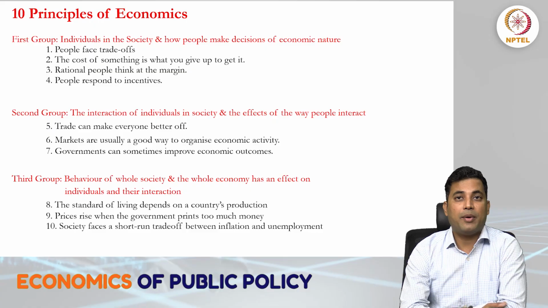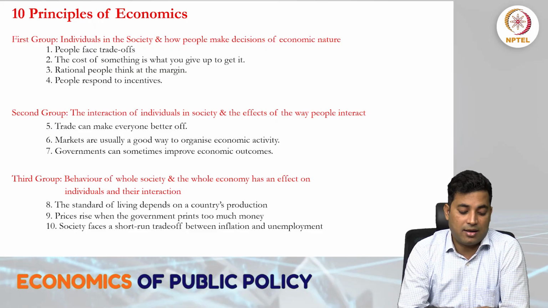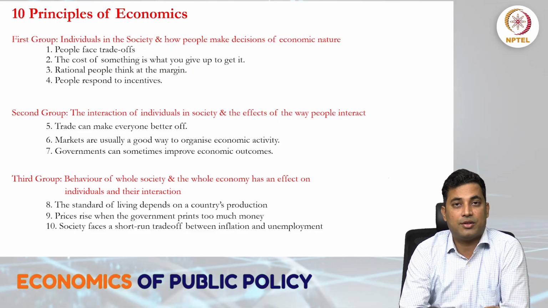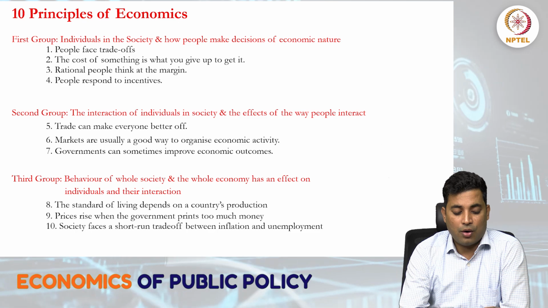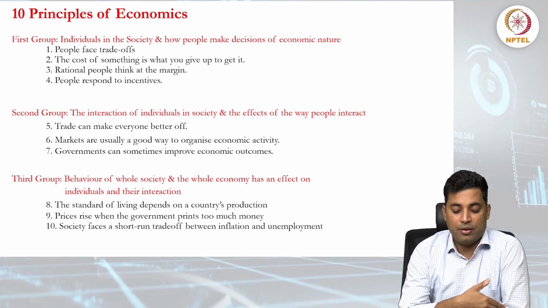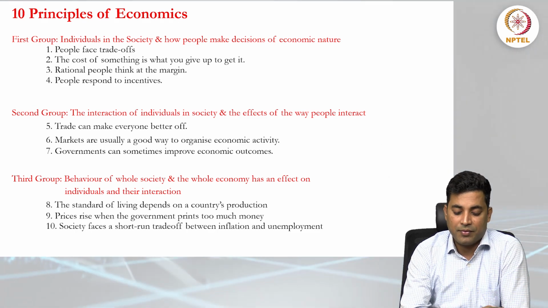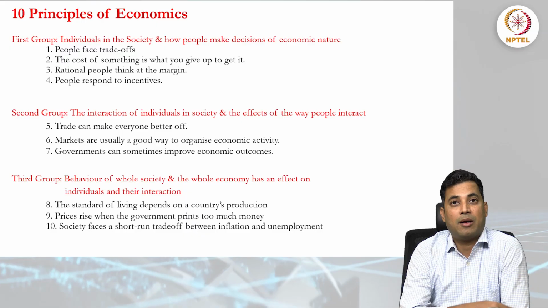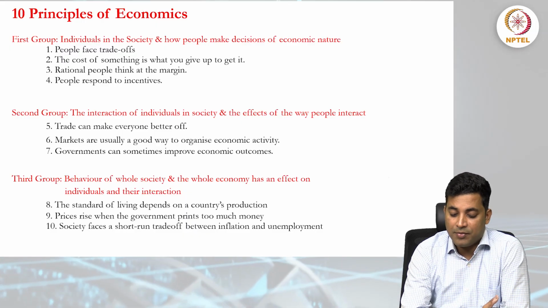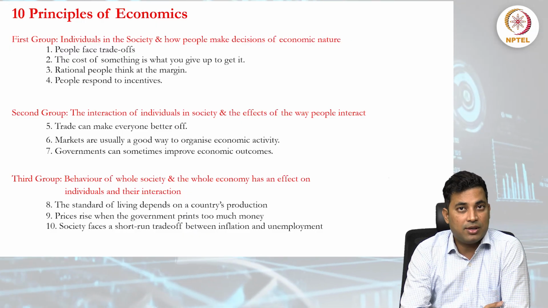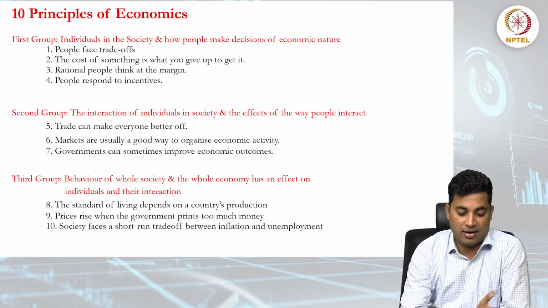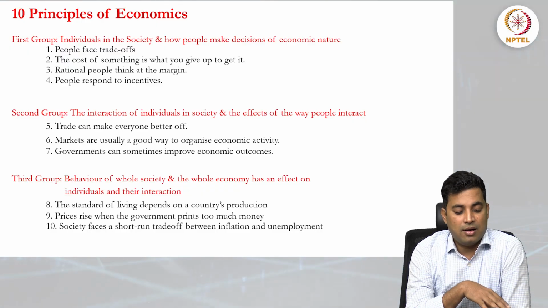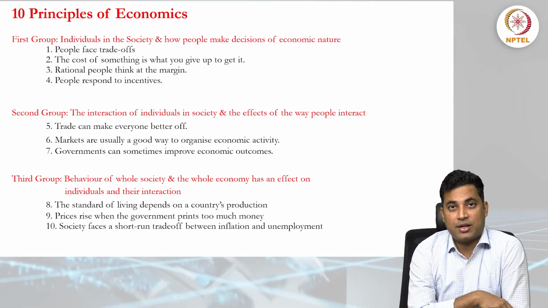The third group is about the holistic behavior of the society, or how the economy as a whole behaves, and whether it has positive or negative impacts on individuals as well as their interactions. These are the three principles we have listed.